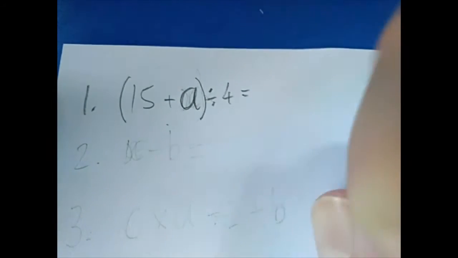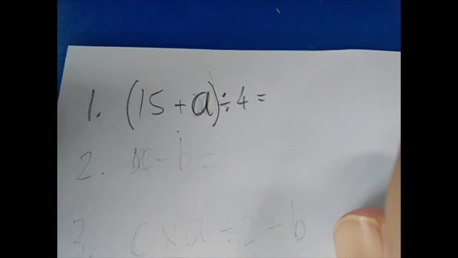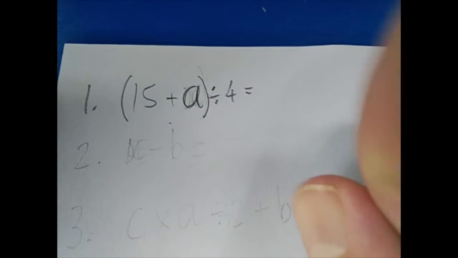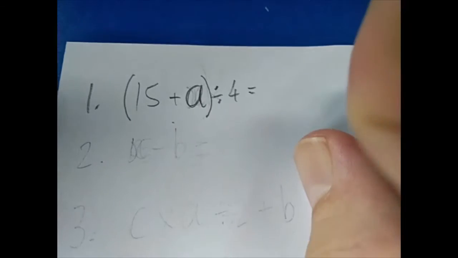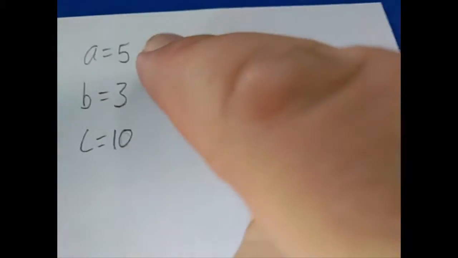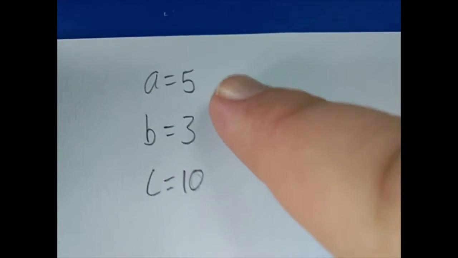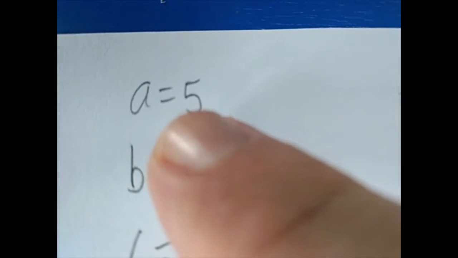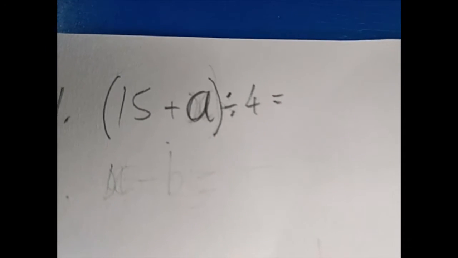But let's say we have a 2 or 3 step process to finding our answer, and higher up in our working we've found that A has a value of 5, for instance.